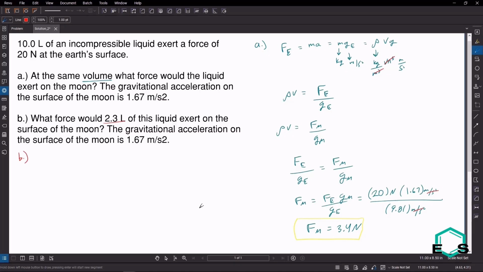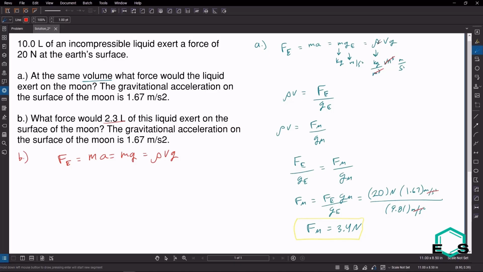Again, it's only a function of pressure and temperature. It's not a function of the gravitational force. So we're going to do something similar to what we did here, except we're going to solve for the density.